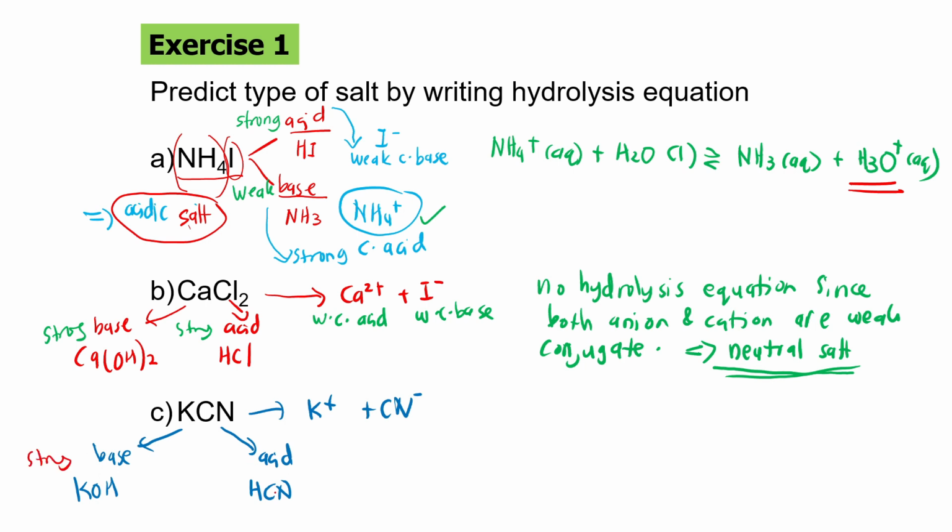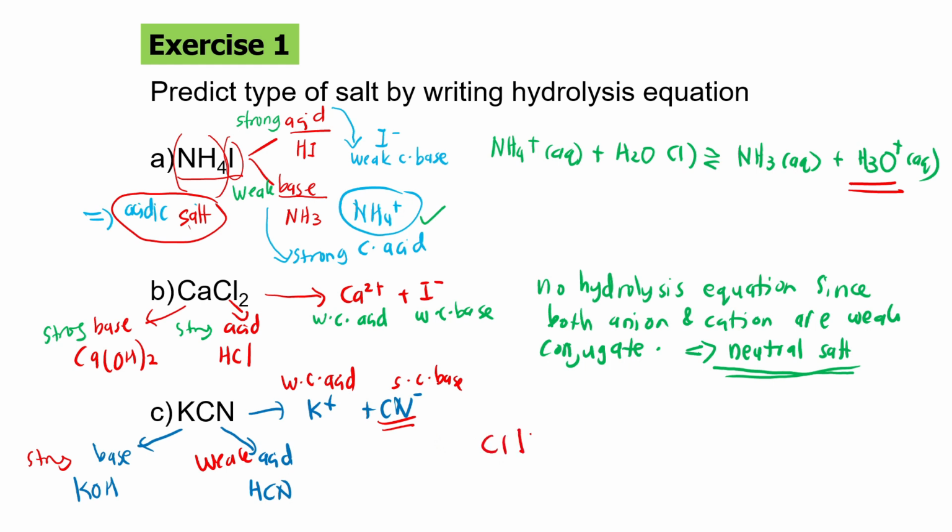So HCN ialah a weak acid. Strong base akan hasilkan weak conjugate acid. So K plus ialah weak conjugate acid. So weak acid akan hasilkan strong conjugate base. So yang strong sini ialah CN, meaning yang akan undergo hydrolysis sini ialah CN minus.